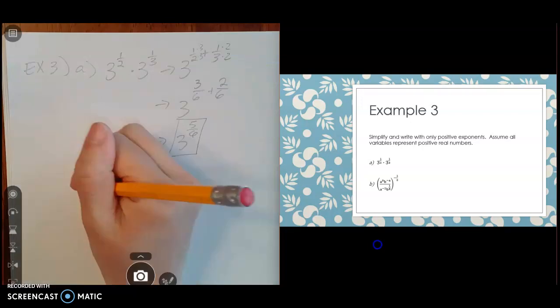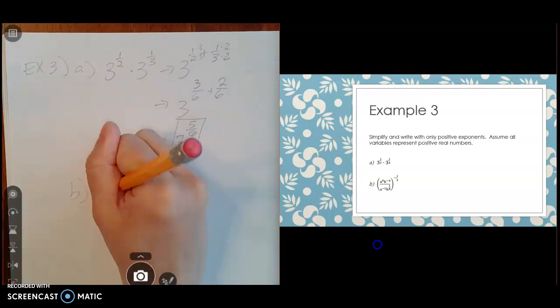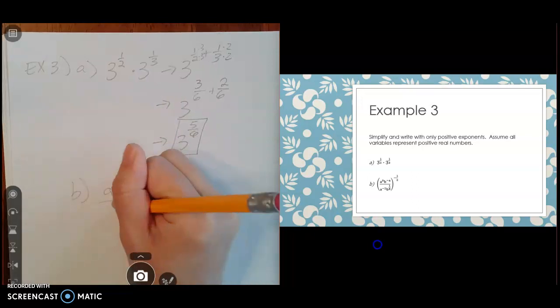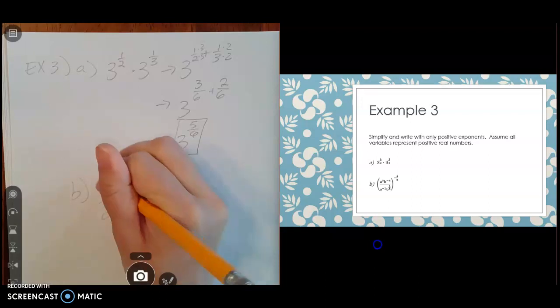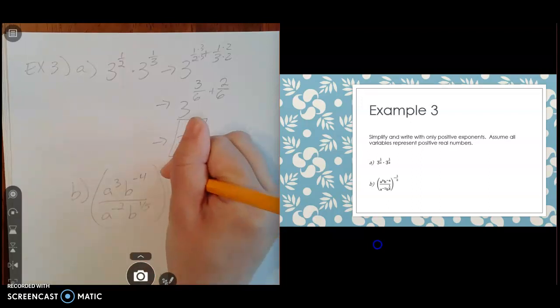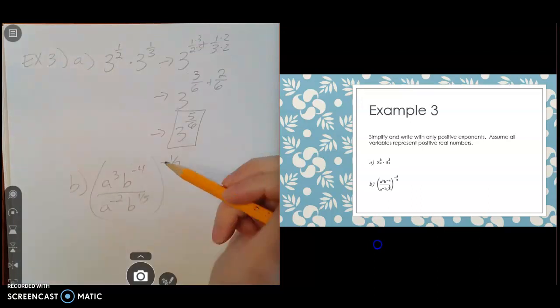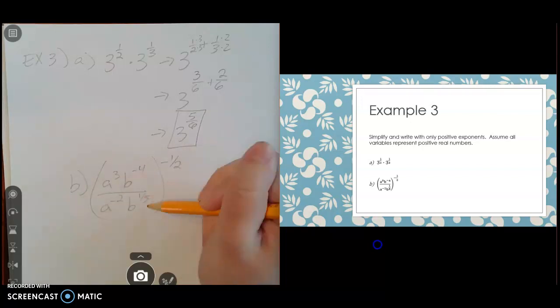Okay, b is a little more interesting. We've got a to the 3rd, b to the -4, over a to the -2nd, b to the 1/5 power, and everything is getting raised to the -1/2 power. So from here, there's different ways that you can do this. One option is that we could distribute the -1/2 to everything.